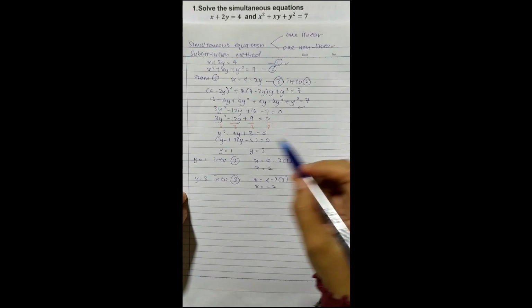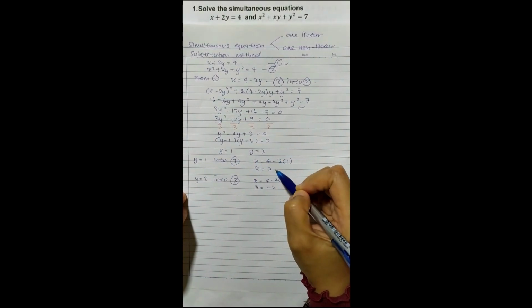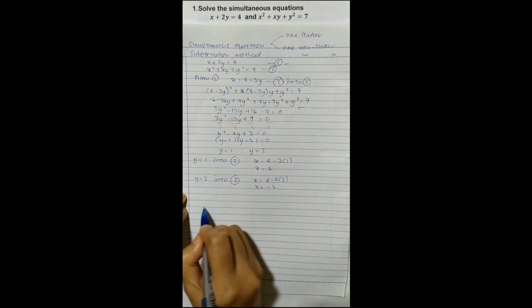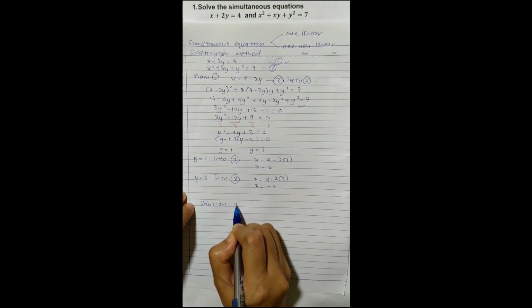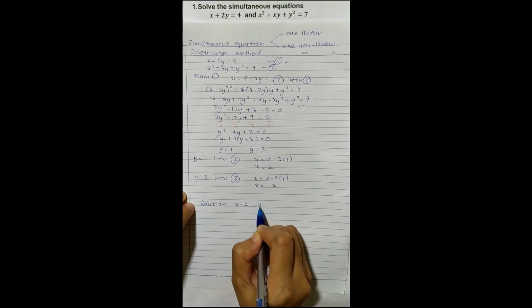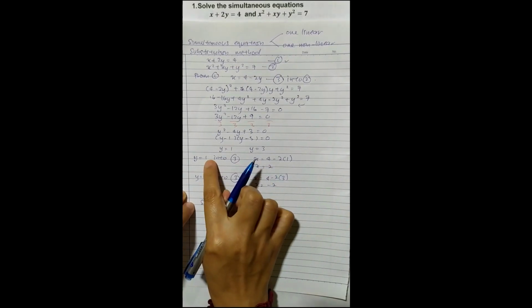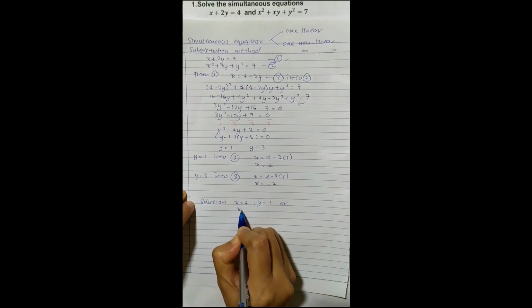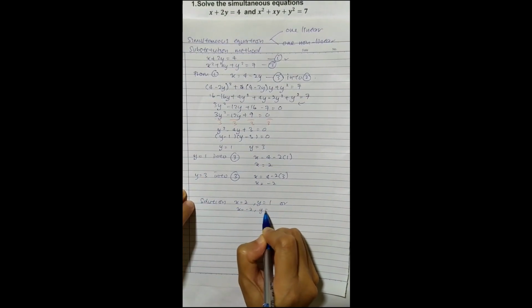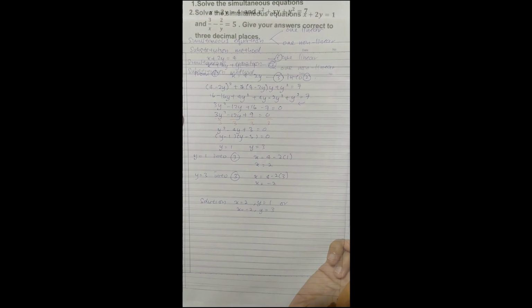So now you can see we have two values of y and two values of x. Finally the solution is x equals 2, y equals 1, or another pair, x equals negative 2, y equals 3.